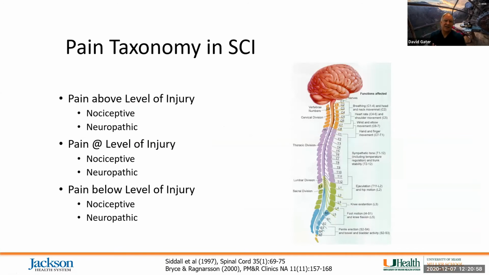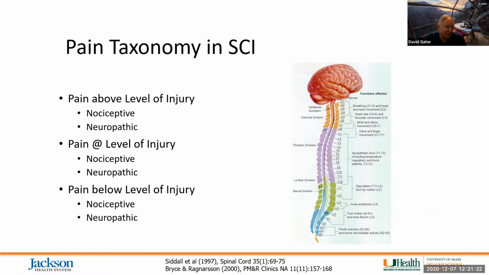So the pain taxonomy, back before the turn of the century, Siddall put forward in Spinal Cord. Basically, this taxonomy looked at pain above the level of the injury, pain at the level of injury, and pain below the level of the injury, recognizing that that pain could be nociceptive or neuropathic in each of those categories.